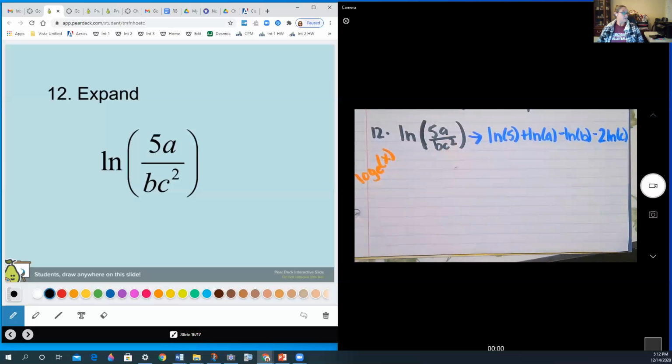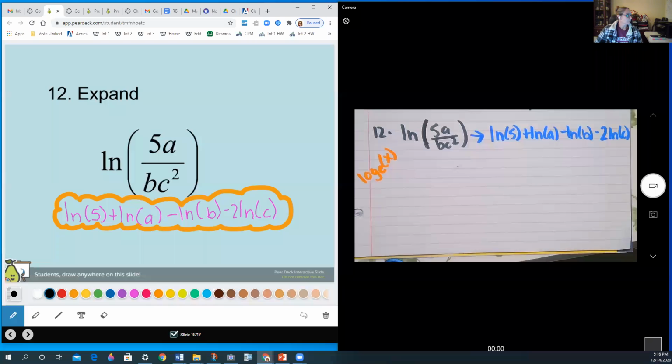And that's going to be the answer that I'm going to write here. And this is one that you can actually write using the pens here. So ln of 5 plus ln of a minus ln of b minus 2 ln of c.